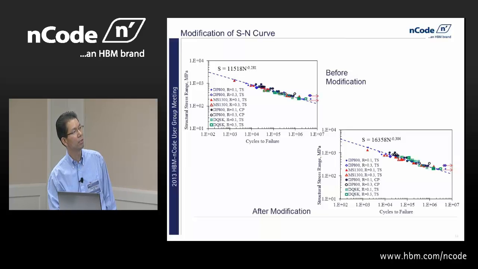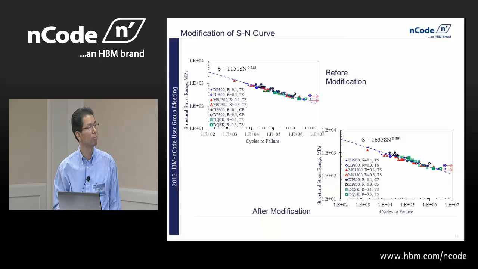If we do it this way, we can also avoid some static failures. Actually, there are not really static failures happening, but based on the traditional way, you would have a lot of static failures. So with this correction method, we're trying to avoid that issue.